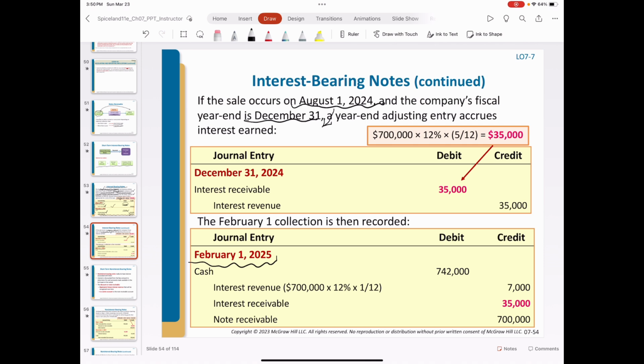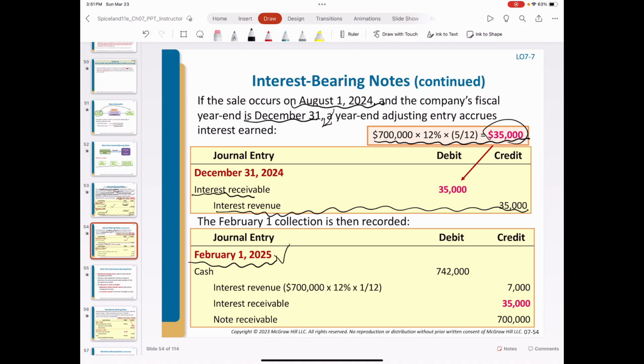So by the end of this year, the seller, as a lender, should recognize 5 months of interest revenue. This is the calculation for 5 months interest revenue. This is also an adjusting entry to accrue this interest revenue, $35,000. And the payment will be made next year on February 1st.